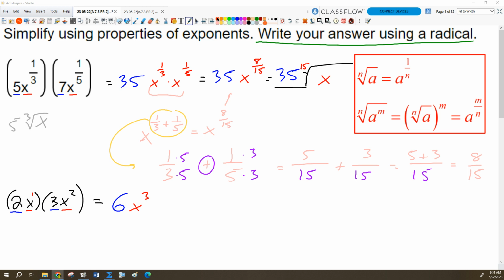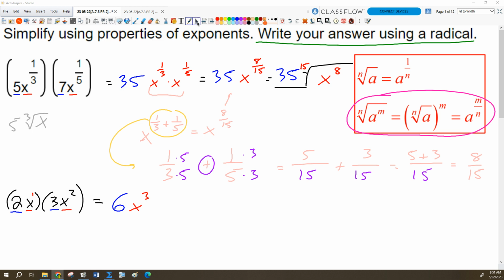Remember that? And that just comes from this stuff right here, doesn't it? A to the m over n means that the n is the index of the radical, and the m ends up being the power of a. Okay, give me 1 to 5 on that. Okay, good, good. So there's our final answer.